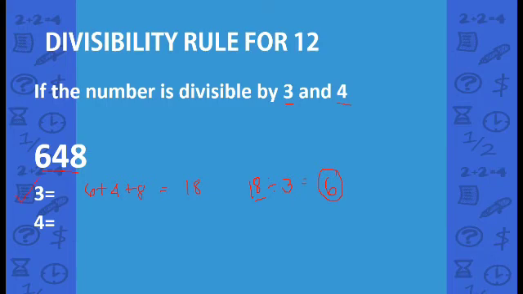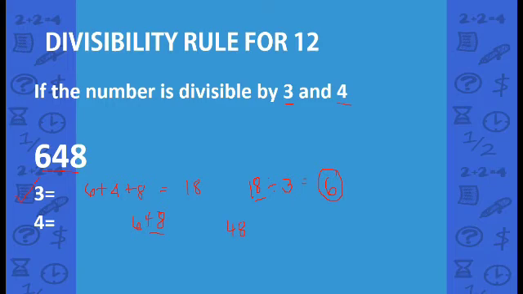Now, tingnan naman natin kung ang 648 ay divisible by 4. So, a while ago, malalaman natin na ang number ay divisible by 4 kung ang huling dalawang digit ay divisible by 4. So, the last digits are 48.